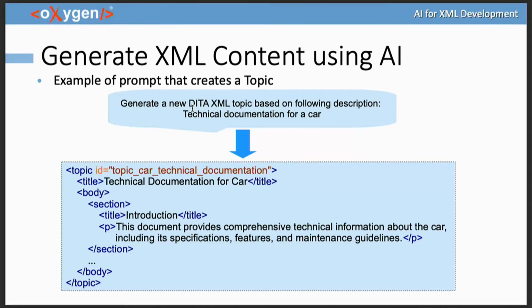So you can have a draft generated based on a simple instruction, and then you can refine it and go further and have more information added, or tune your chat to provide more information in order to have the exact content that you want. So you can generate XML structure, and it knows how to generate this based on the information that you provide.